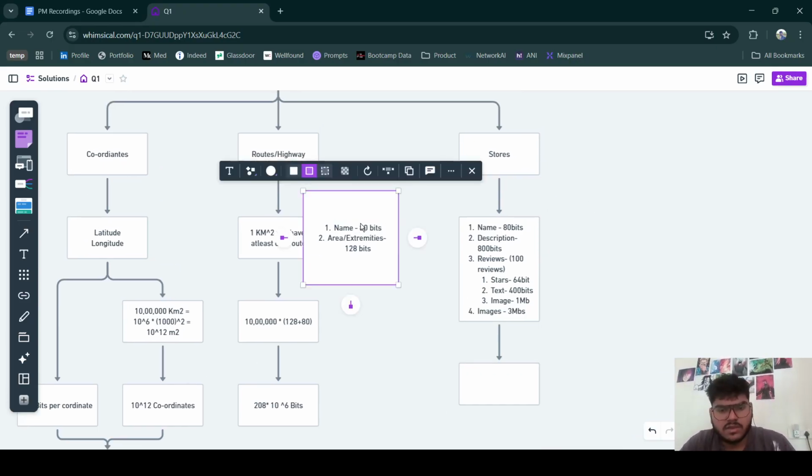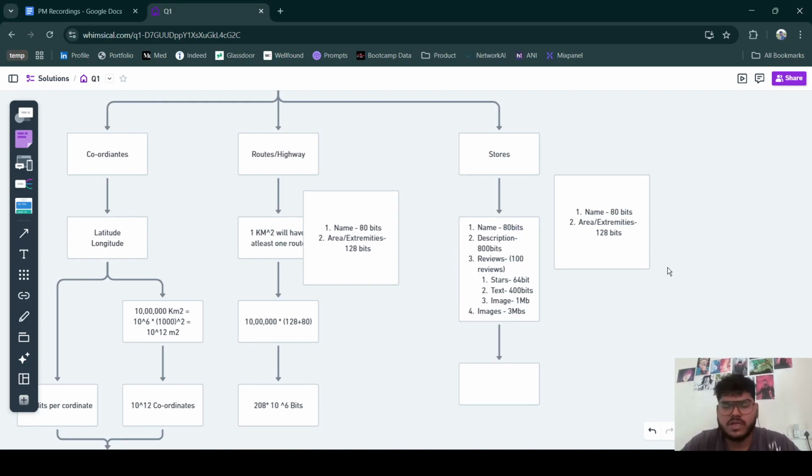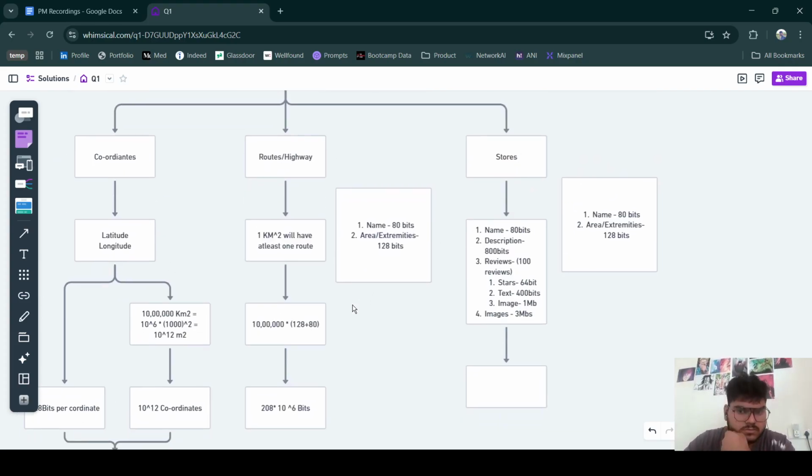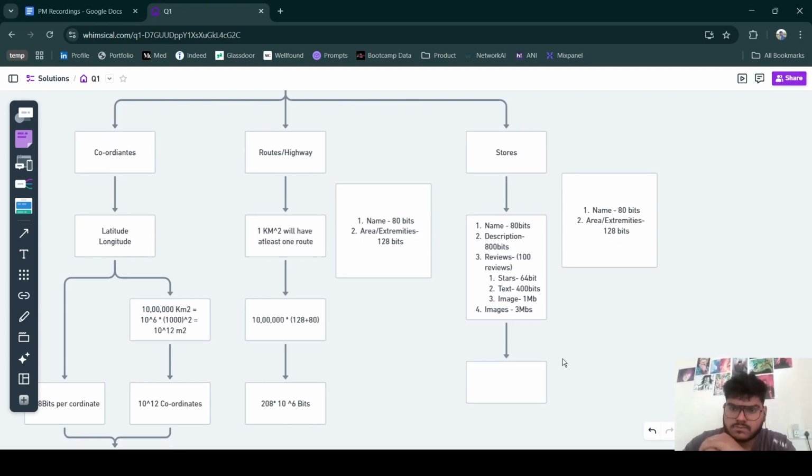And if we assume a 1 kilometer square of area, we usually take 1 kilometer square of area.